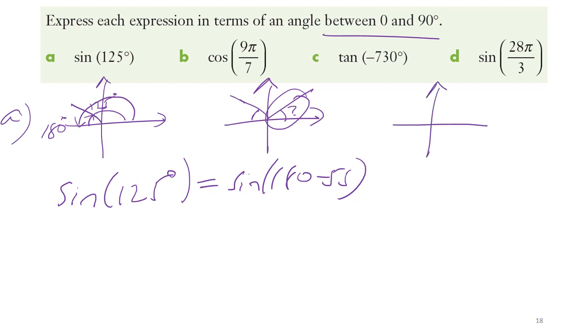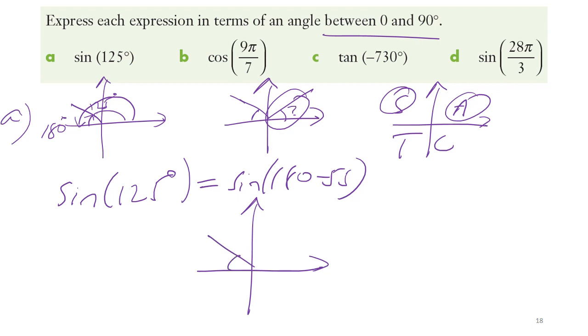Remember, we can use our CAST diagram. Because we know at the second quadrant, sine is positive, and at the first quadrant, sine is also positive. So if I know this is 55 degrees, and then I take the sine of this, it would be the same as this one, because they are both positive.